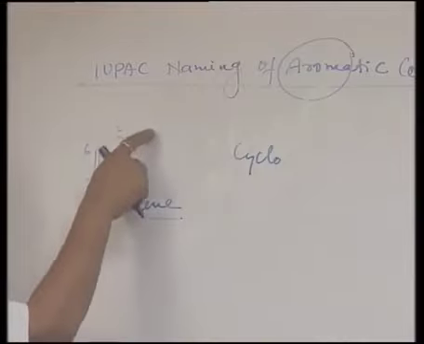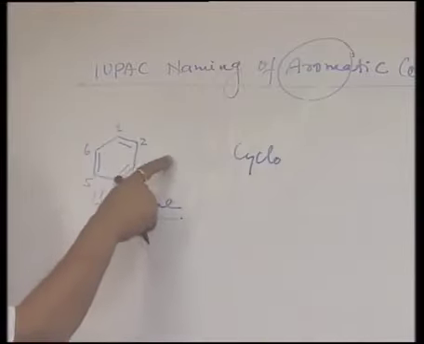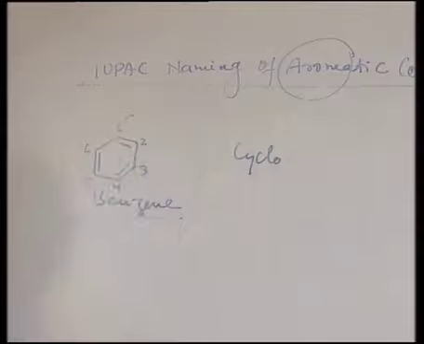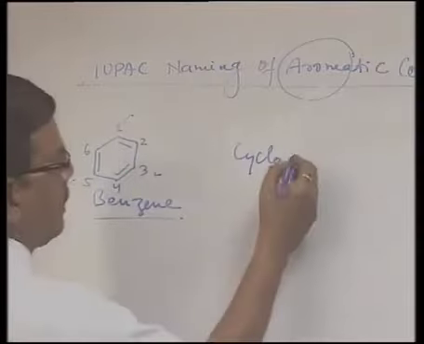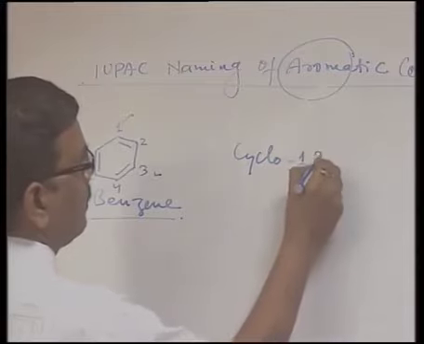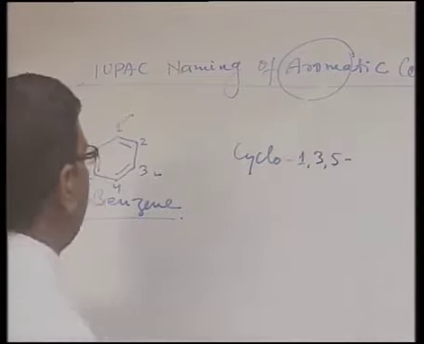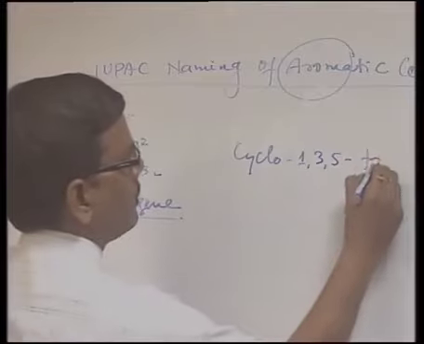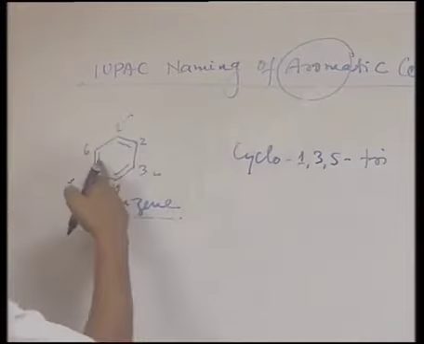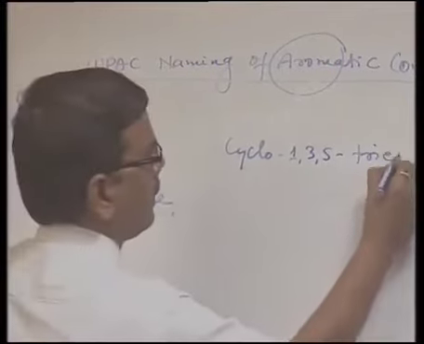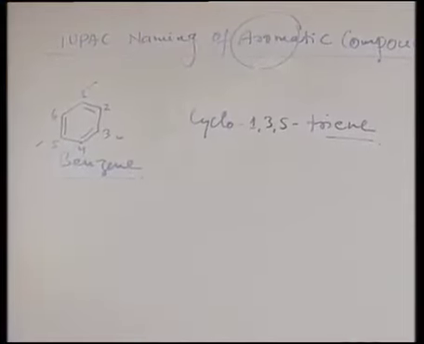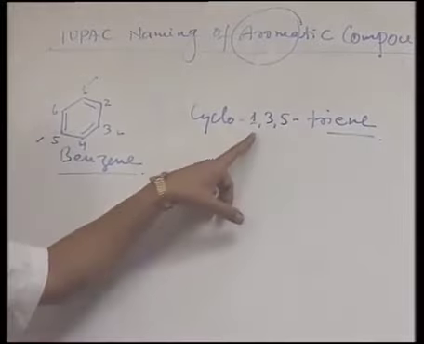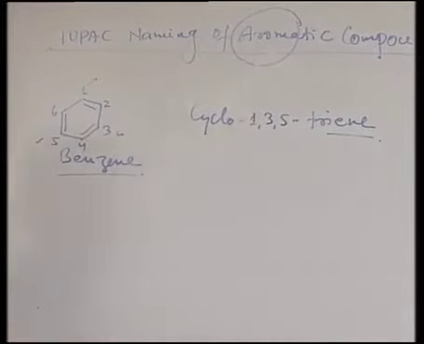Remember, we put only one number at the alkene group. So, we have used 1, 3 and then 5. Cyclo 1, 3, 5, and then there are 3 double bonds, so we use tri and then ene. Cyclo-1,3,5-triene is the correct IUPAC name of this benzene molecule, or simply we just say benzene.